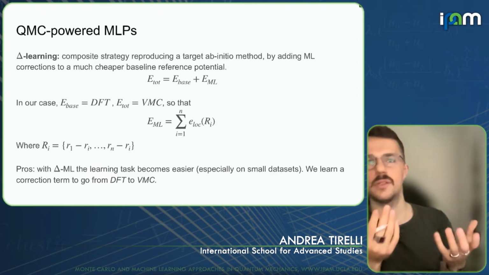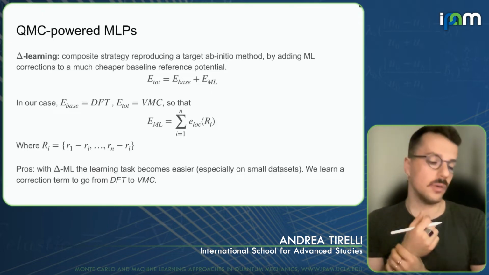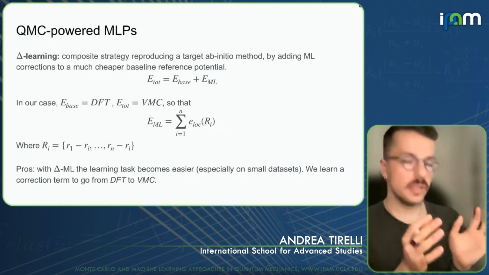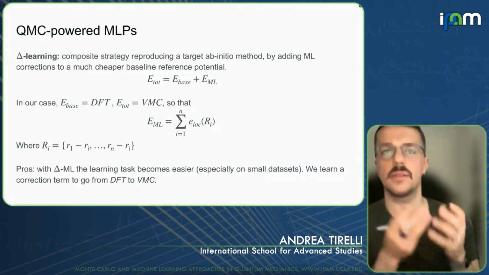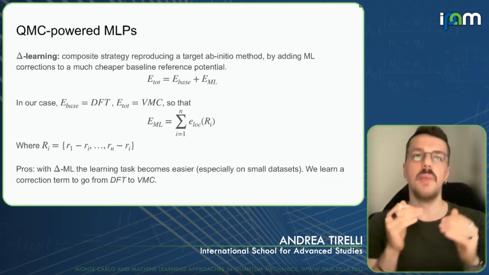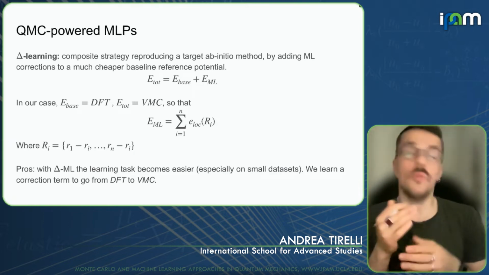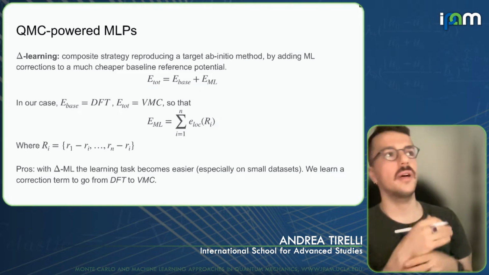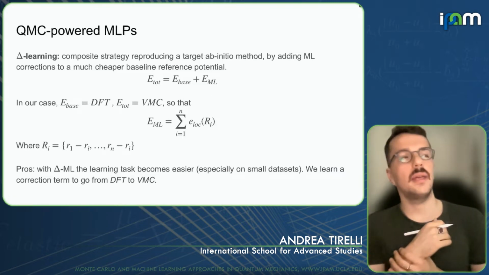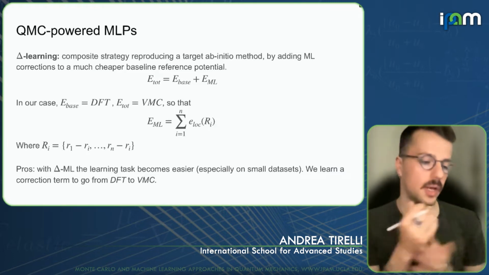So what in practice do we want to do here? E_tot is going to be our target method, so in our case it is going to be VMC, and E_base can actually be anything, but for our case it's going to be another ab initio method, in particular DFT.